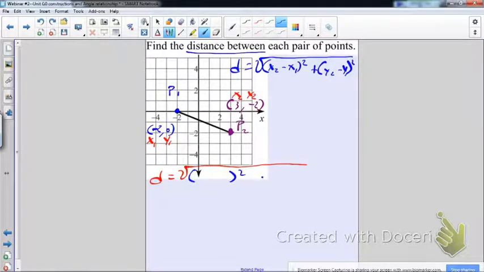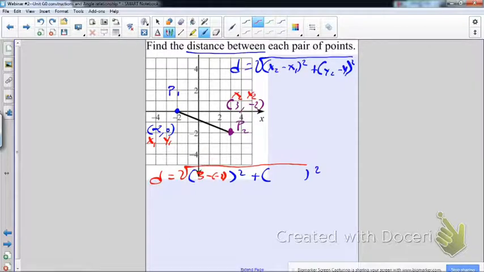Parentheses squared plus parentheses squared, and then we're going to substitute what we know. What I know is that x2 is 3, and then I'm going to subtract this one right here, which is negative 2. Now please notice that I put parentheses here, and I put parentheses here for a reason, because I know that a negative times a negative will be a positive, and then I'm going to be able to change this afterwards.